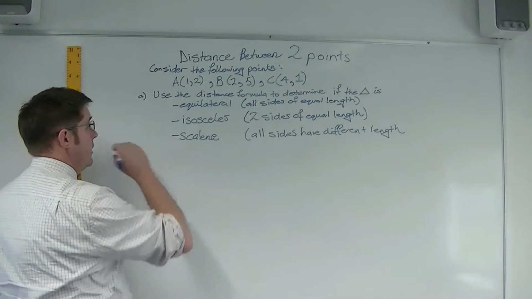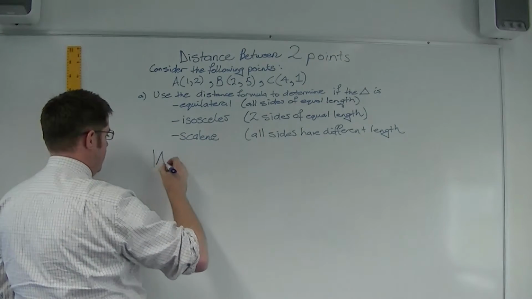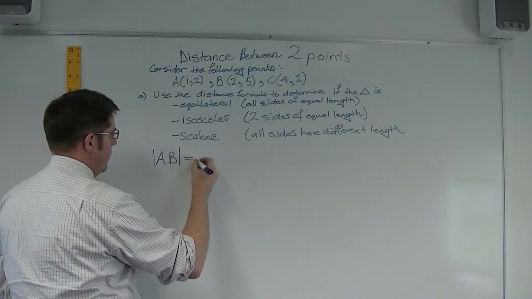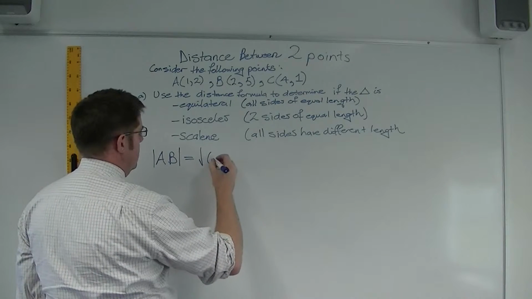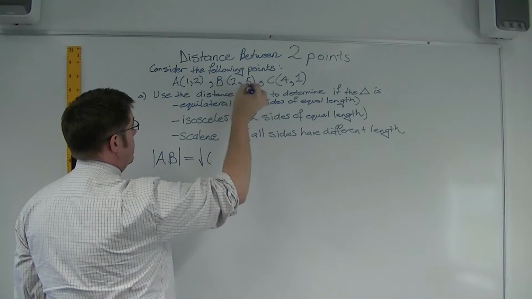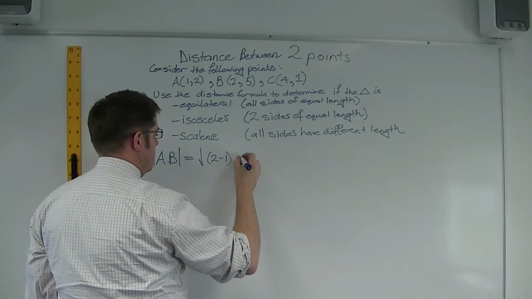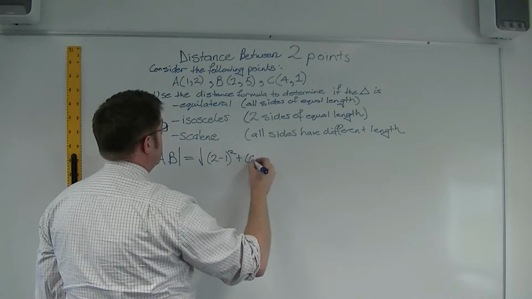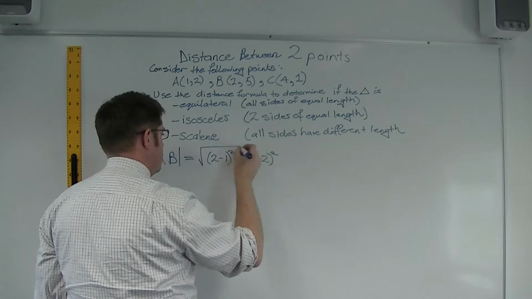So if we wanted to find the length of AB, going back to our formula before, it equals the square root of the x step. We take this as point number 2, so I have (2 minus 1) squared, plus (5 minus 2) squared.